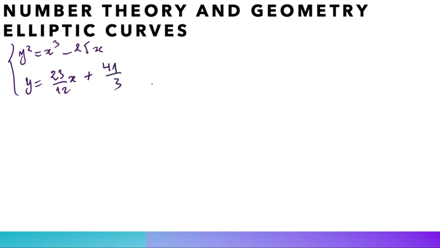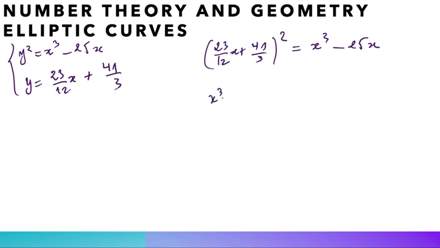By substituting the second equation into the first, one first gets that ((23 divided by 12)x plus 41 divided by 3) all squared is equal to x cubed minus 25x. Now after straightforward calculations, one gets x cubed minus (23 divided by 12) all squared times x squared plus other terms equals 0.